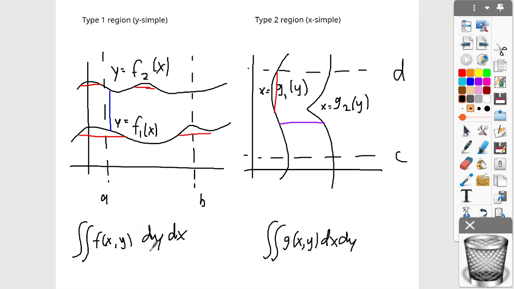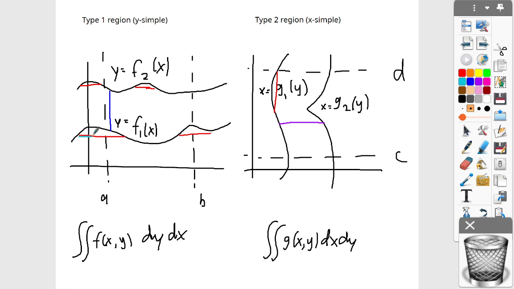Well, because we have to take this y equals function and evaluate from the bottom y equals function to the top one. Now, if we did dx first here, we'd have to switch the y and the x to get x as a function of y, and that would not be very nice with these right here.